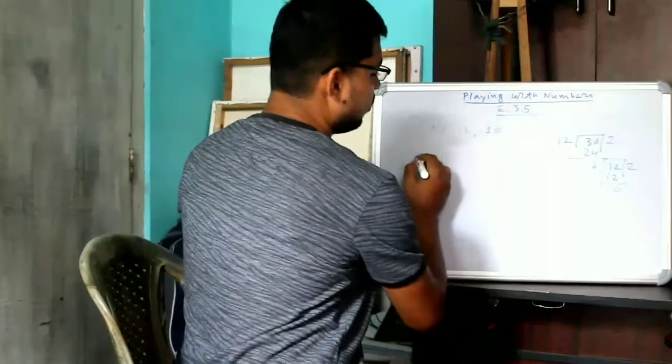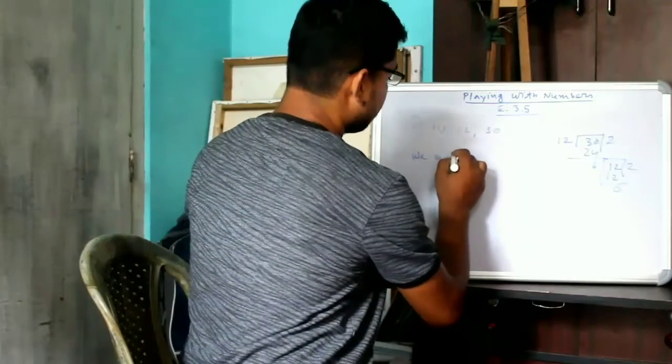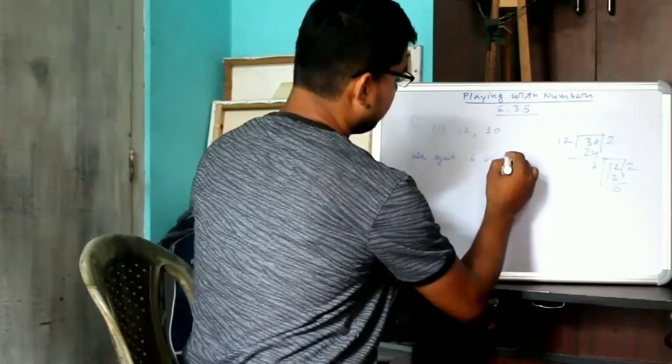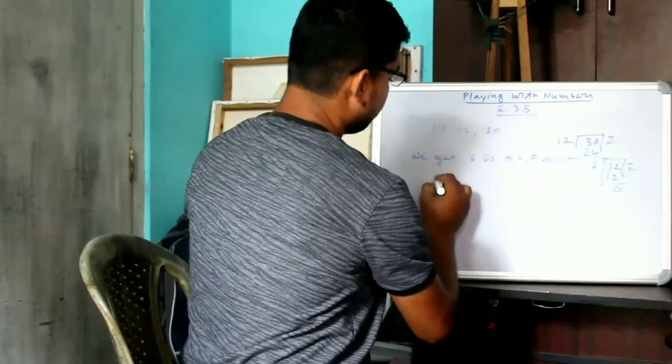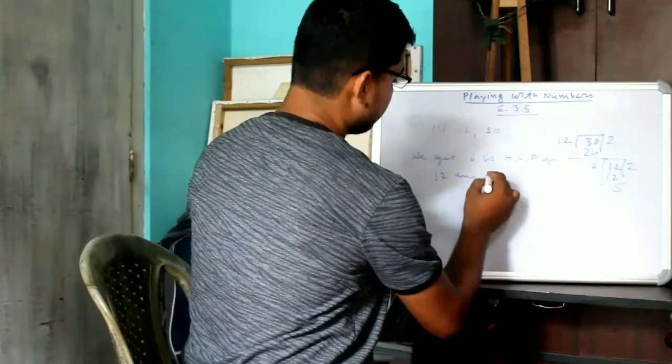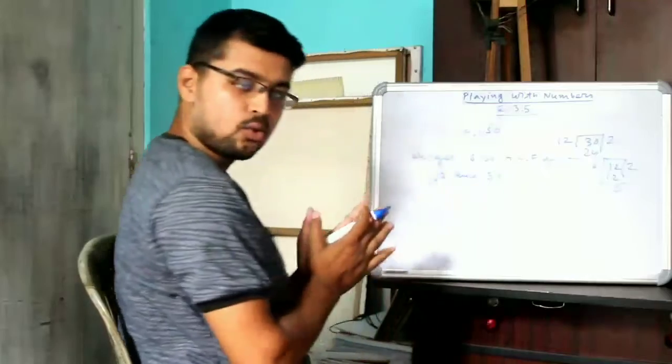So we get 6 as the HCF of 12 and 30. So this is not co-primes.